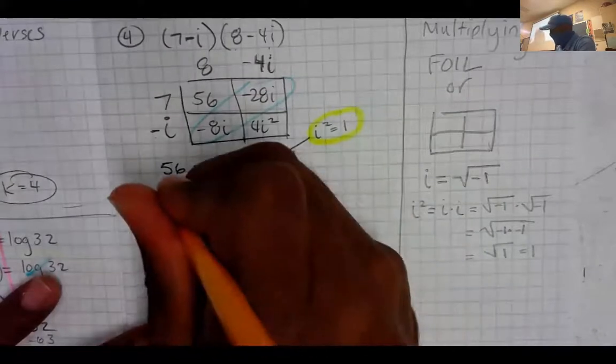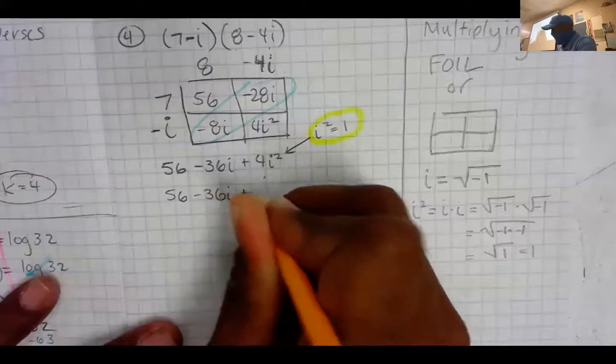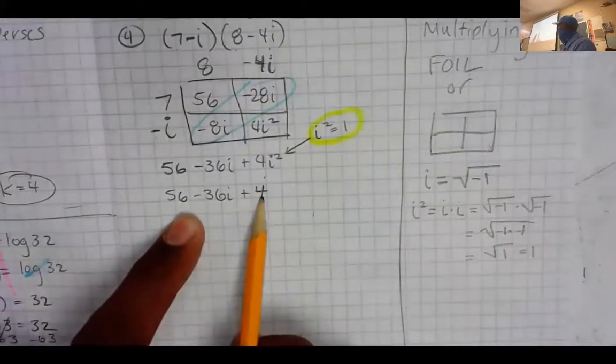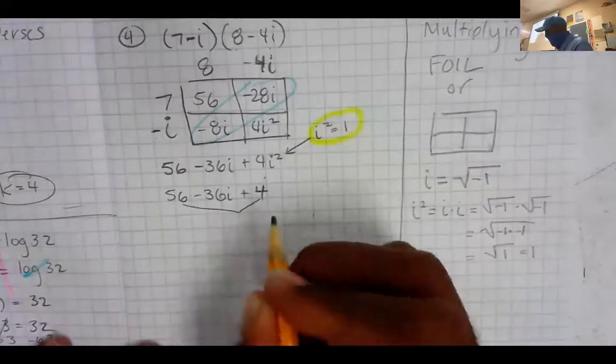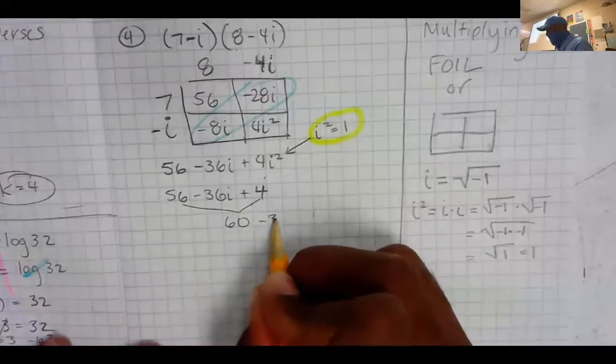So literally this is going to become 56 minus 36i plus 4, which means now you've got these two like terms, which will combine. That becomes 60 minus 36i.